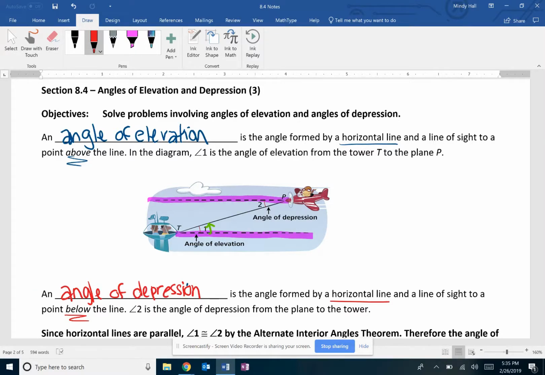And from that horizontal line, in order to get to the rest of the angle, I have to go down. So that tells me that's an angle of depression. An important thing to note in here is that they both have a horizontal line. So a horizontal line is needed. And you'll see why when we start actually applying them to problems, why we need that horizontal line.